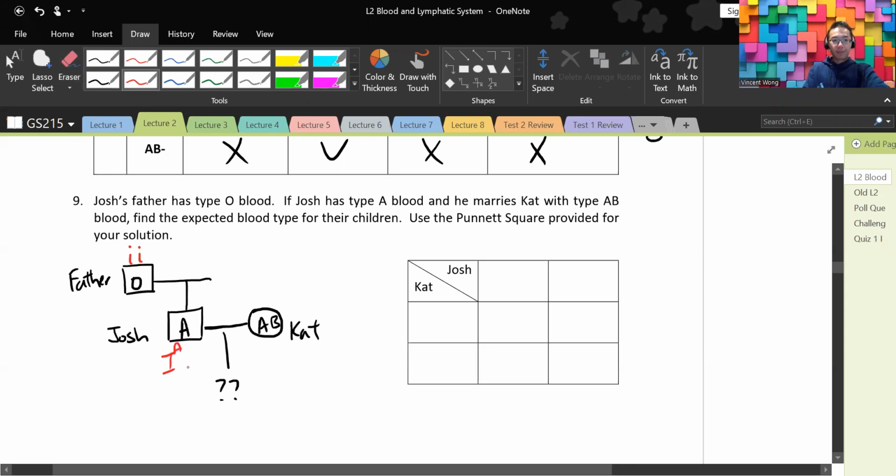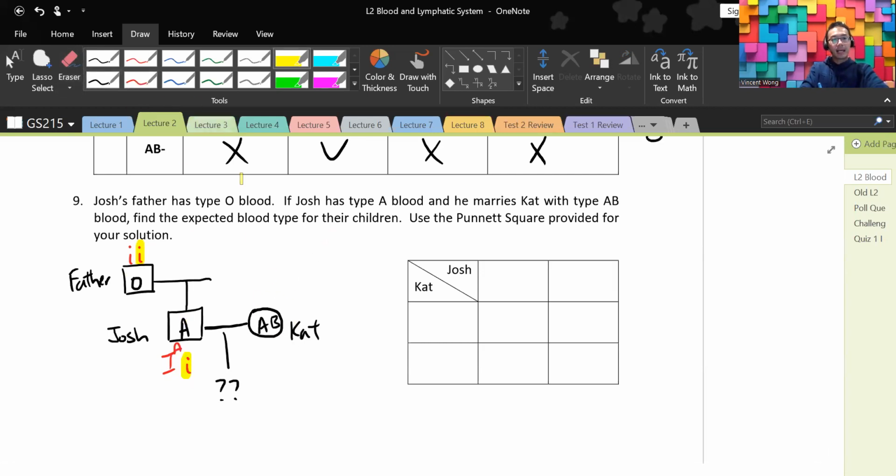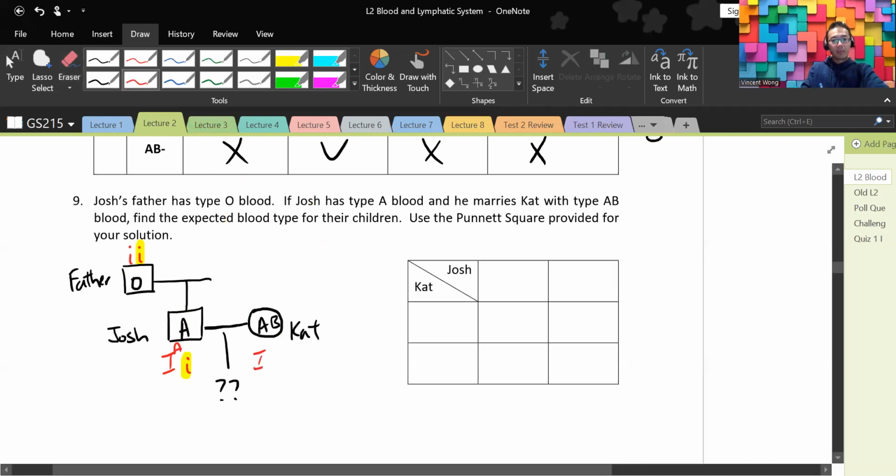So which is it? Well, his father is small i, right? So he has to pass on one of the little i, which means Josh must have a little i. This little i came from the father, right? And remember, one allele is from each parent. So the IA is from his mom, and the small i will be from his dad. What about Kat? Well, Kat is IAIB for sure, because that's the genotype for AB blood.